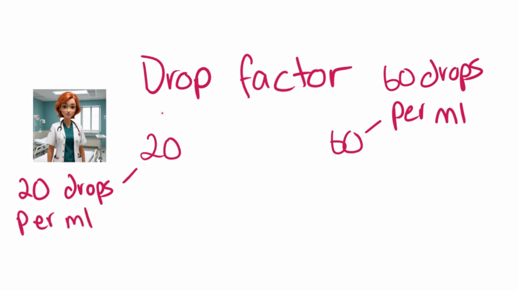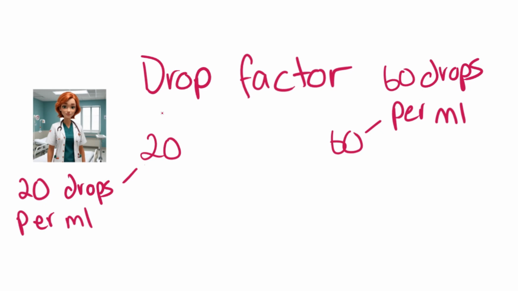So clearly you can see that if you calculate for the 60 and you give a 20, the calculation is going to be incorrect and the patient's going to receive the wrong amount. And if you give a 20 to a baby, which should be using a 60, they're going to get a lot more fluid. You can overload them. It can be dangerous.